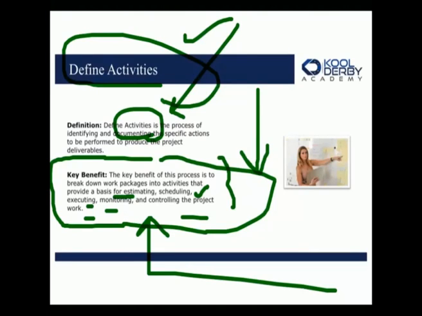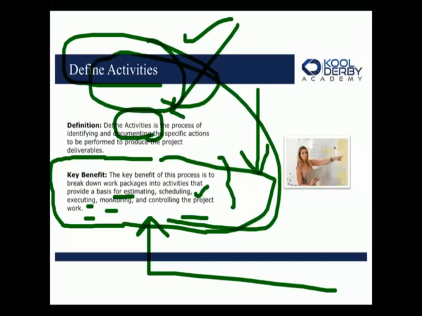Don't forget that now. In fact, I can tell you this is an exam question. I think the exam question is going to ask which process you will perform to estimate, schedule, execute, and monitor the project work. It's called define activities. Just by looking at the definition, I can tell this is a question on the exam. All right, come back to that.